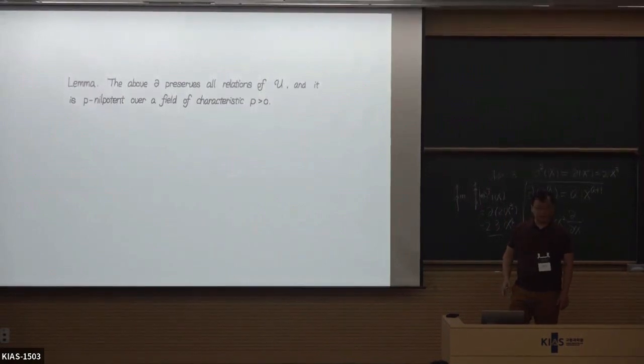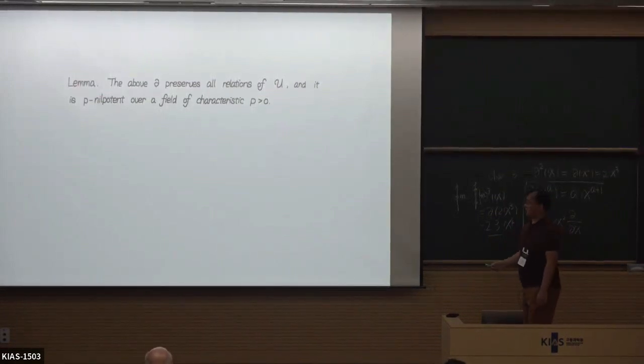Here U is going to be a linear category defined over a field of characteristic P. Technically you can actually do this over Z, but you lose P-nilpotency.